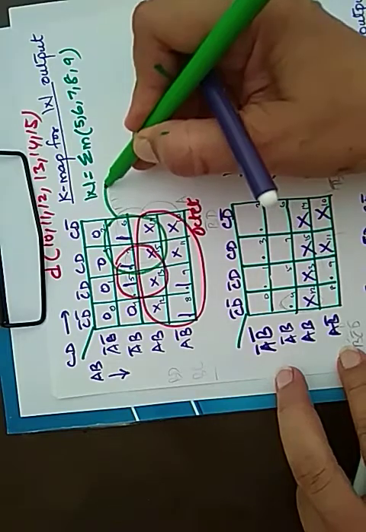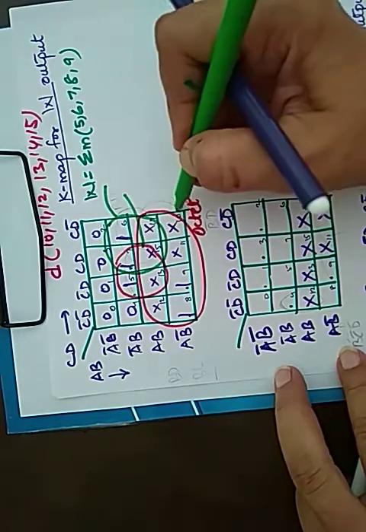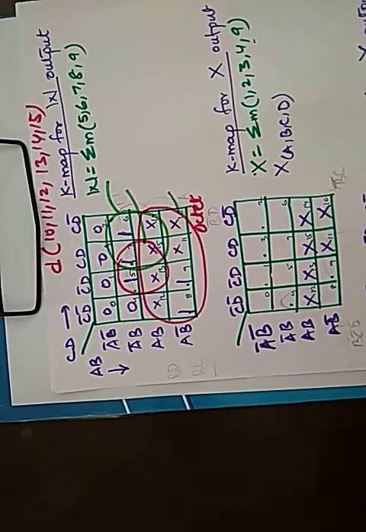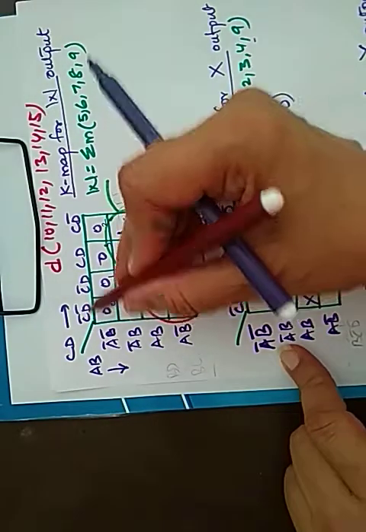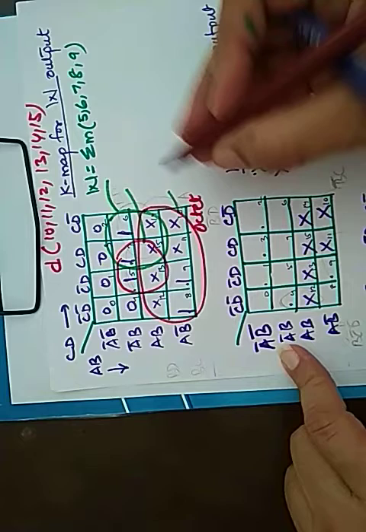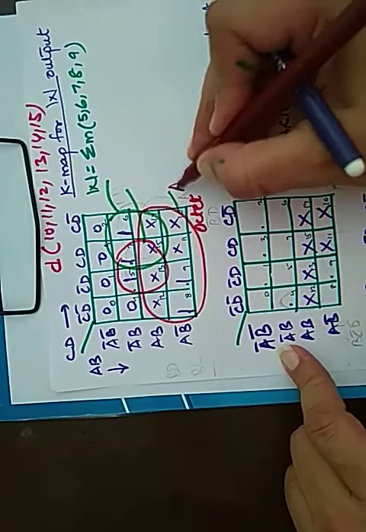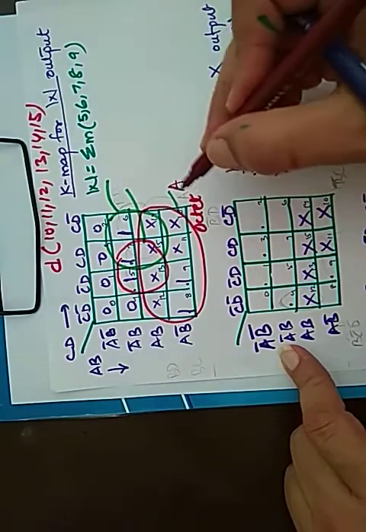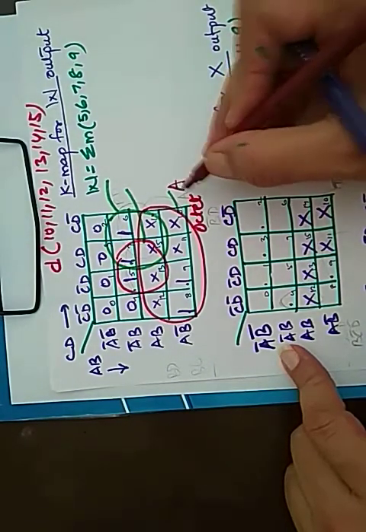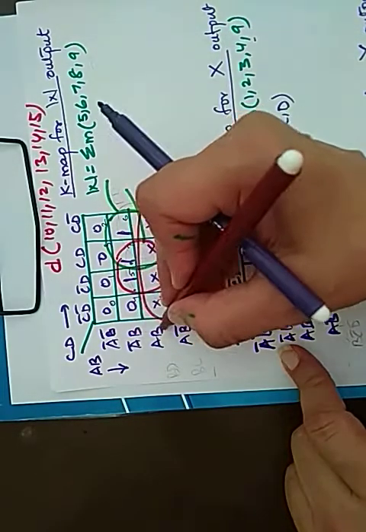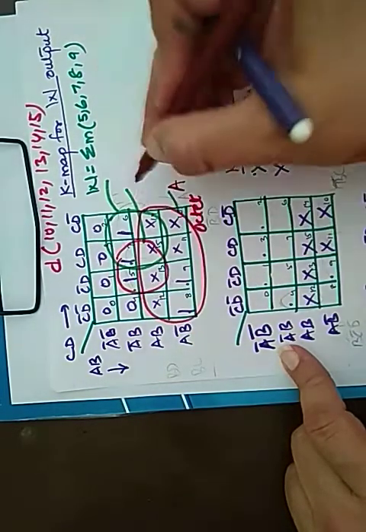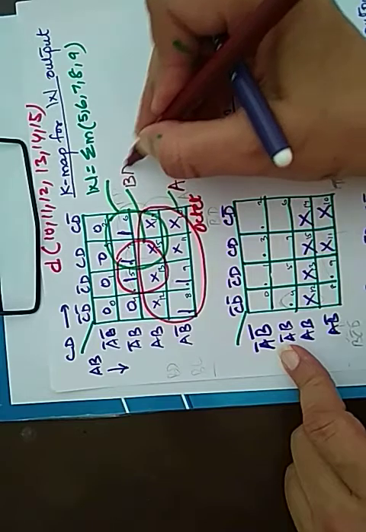Let's find the value for each quad and for the octet. For the octet, we have common A, all the columns are changing, so you are left only with A. See that 3 variables have been eliminated. Now this red one is B, and from here you have D, so this is BD.